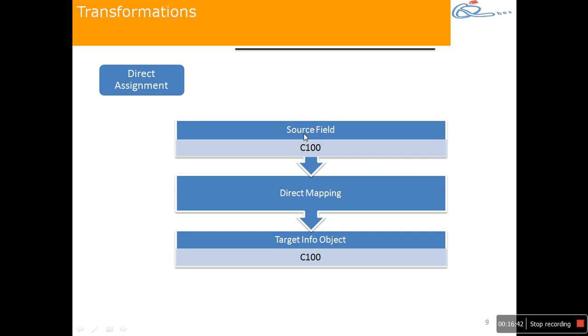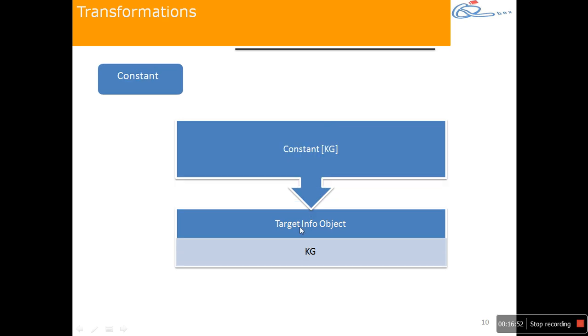Like say in the source field I am getting the value C100. And if I say direct mapping, what value will you get in this target InfoObject? The same C100 comes because of direct mapping. As a constant, I have a target InfoObject. I am not considering the source field at all. I am saying constant value as kg, so what happens now? For every record, it does not consider the value from source at all.